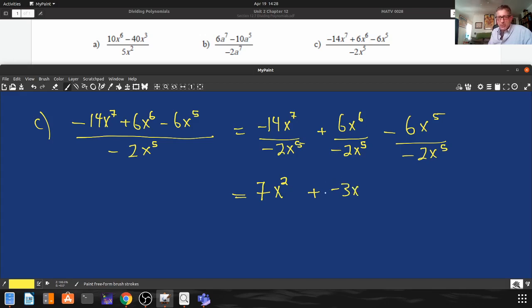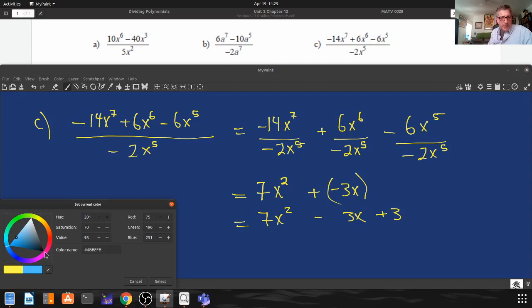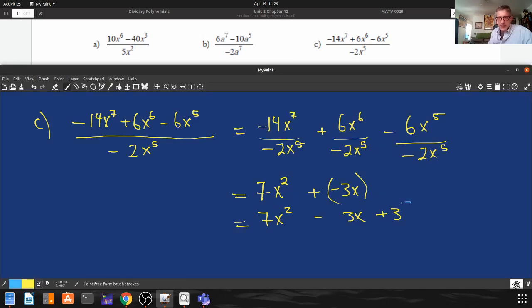So you have two options. You can do plus minus 3x, or you could write 7x squared minus 3x. I like the bottom. Minus 6 divided by minus 2 is plus 3. X to the 5th divided by x to the 5th is 1. So this is the result, and it is indeed a polynomial.